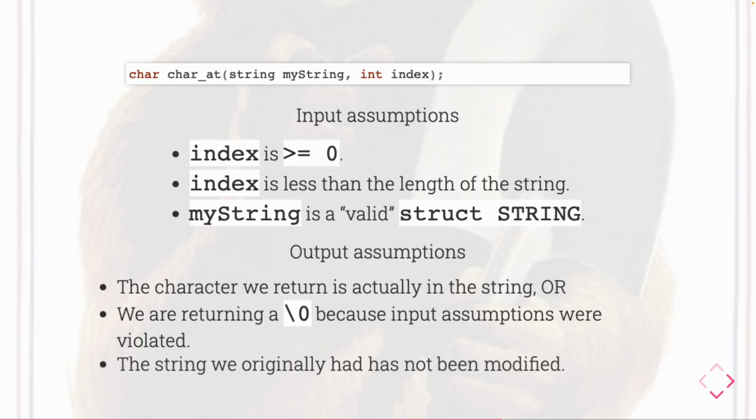Oh, and with the string we originally had, we also assumed that it hadn't been modified. Might sound like a weirdly obvious thing to point out. Of course, charAt doesn't modify the string, but that's an assumption you made.